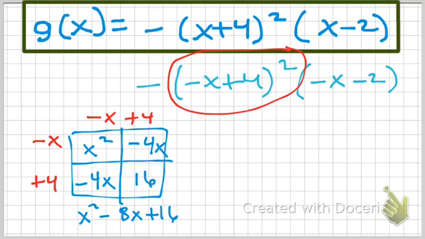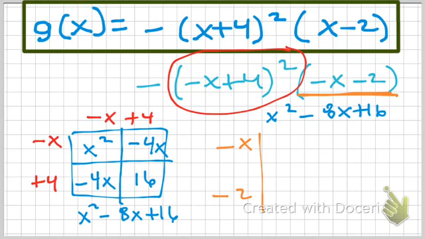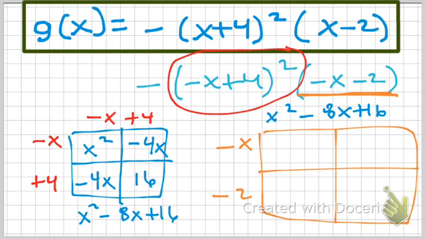And now I can just take that right above. And now I'm going to multiply that by negative x minus 2. Draw my boxes here. Robert, negative x times x squared. Negative x to the third.